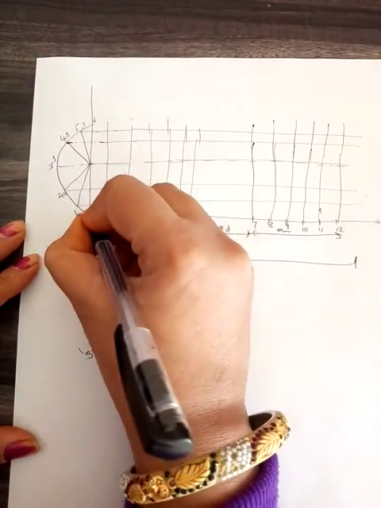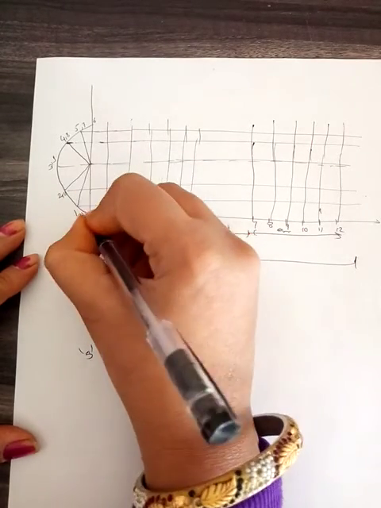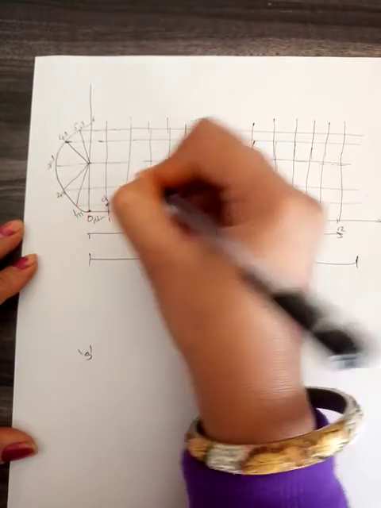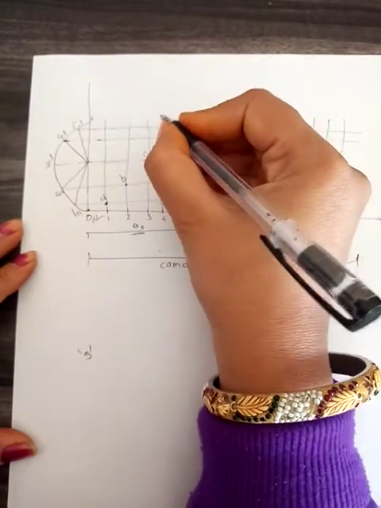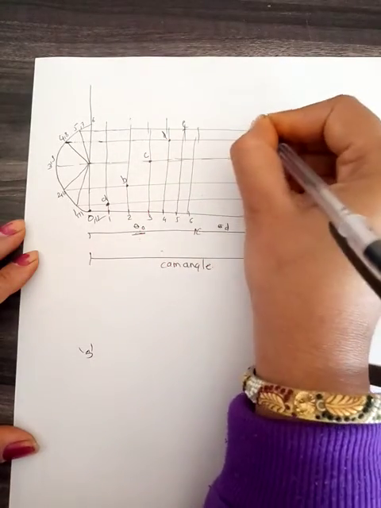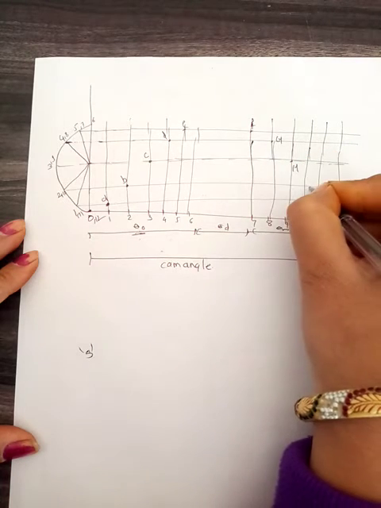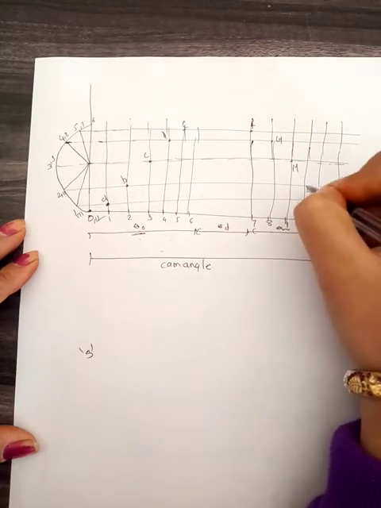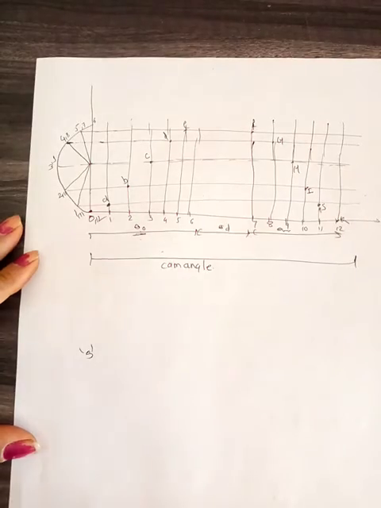Then the intersection point, that is this one, A. Then this point again intersection B, C, again D, E, F, G, H, I, J, K. These points are the intersections of the projection of the cam angle and the lift displacement.